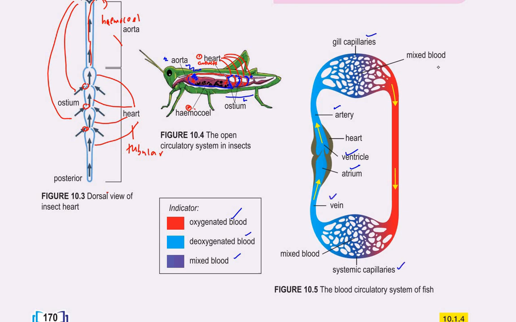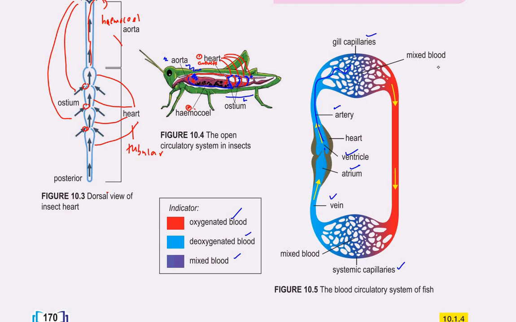The first thing that happens is blood that leaves the ventricle is pumped to the gills capillaries to enable gases exchange. So the blood will be pumped from the heart, from the ventricle, and flow here in the gills capillaries. Still remember the exchange of gases occurs when the water flows and dissolved oxygen enters the gills.